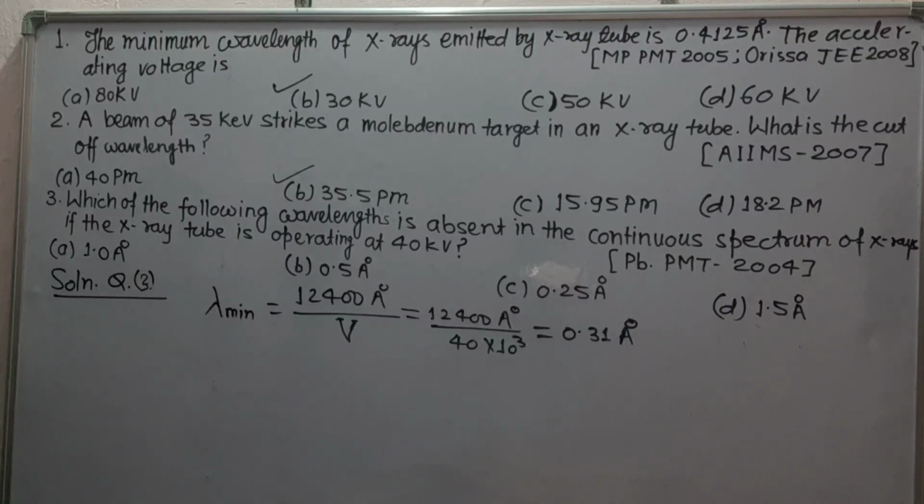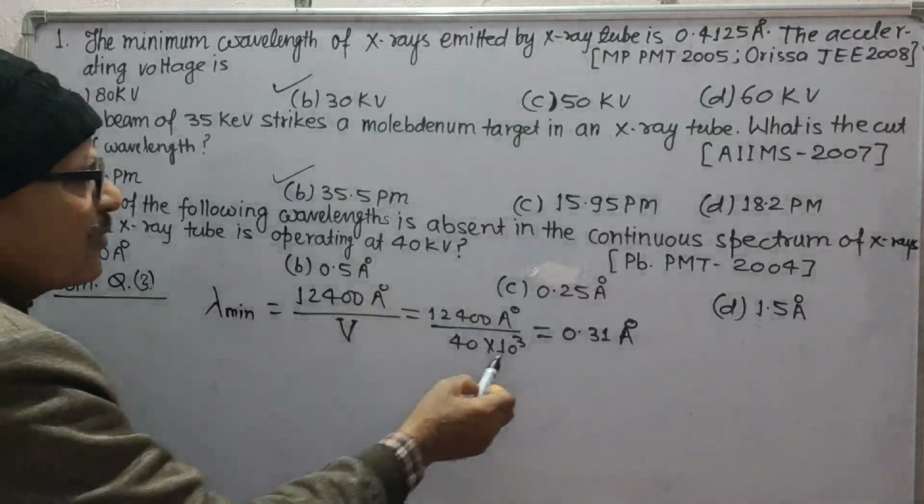Next question number 3. Which of the following wavelengths is absent in the continuous spectrum of X-rays if the X-ray tube is operating at 40 kilovolt? Now, solution to question 3. Lambda minimum is equal to 12,400 angstrom upon V. Here V is 40 kilovolt.